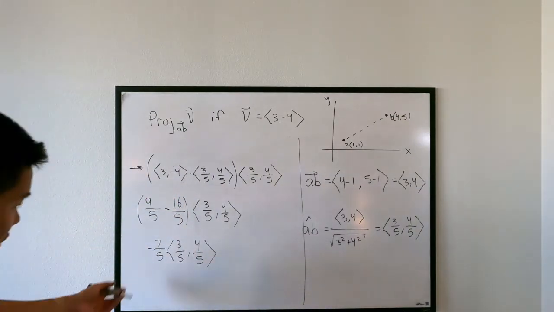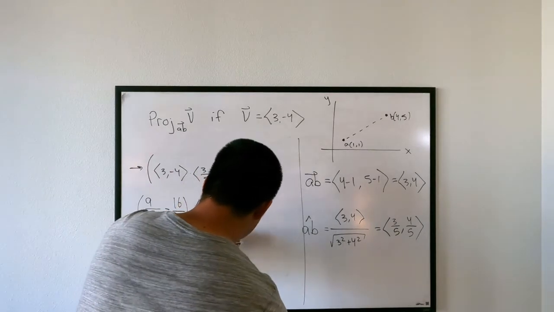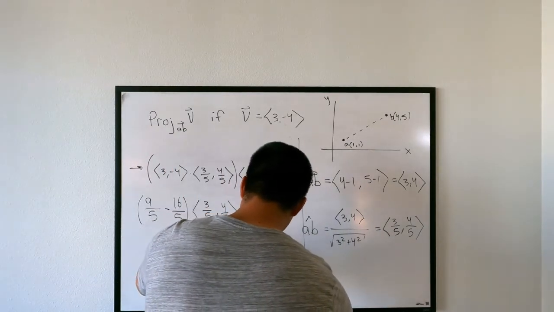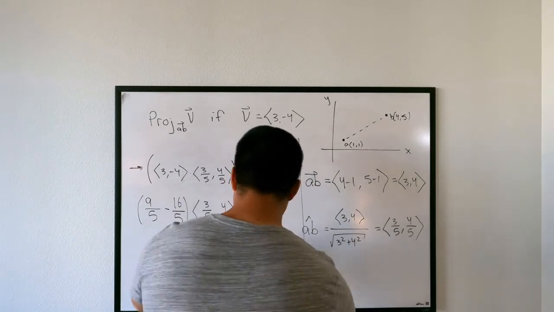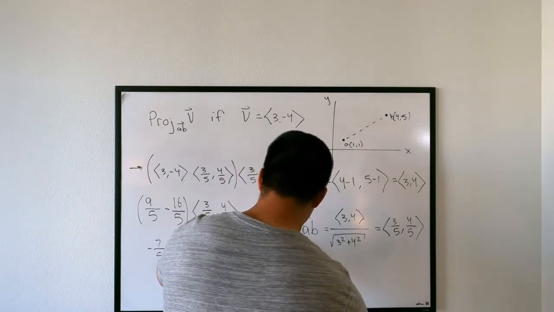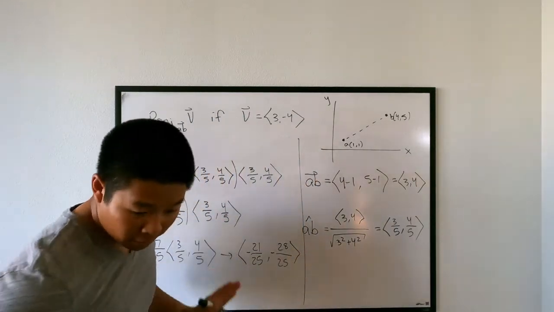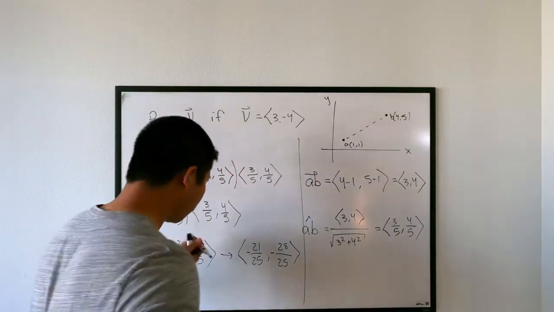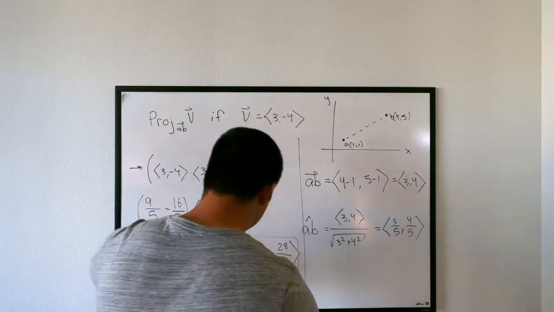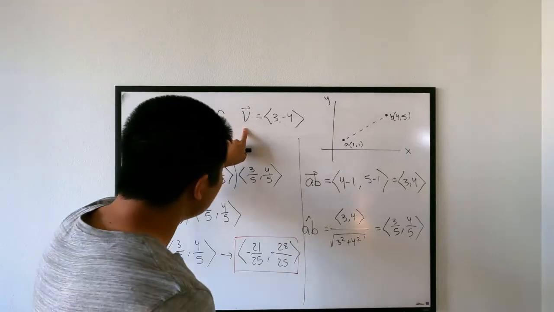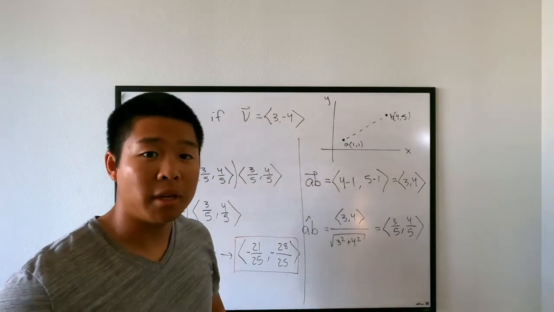Which then, of course, you just distribute into here, and then you get (-21/25, -28/25). So this is the vector projection for v along the line AB, okay?